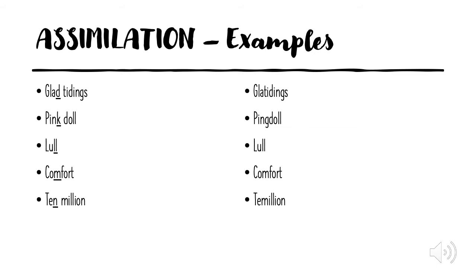So look at these contexts. Glad tidings. In a phrase like "glad tidings", in speech, we would tend to change the pronunciation of the d sound in "glad", and we would observe that it becomes closer to the t that the next word begins with. Glad tidings.